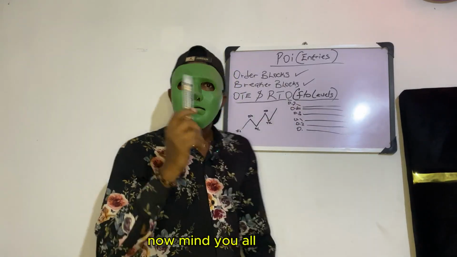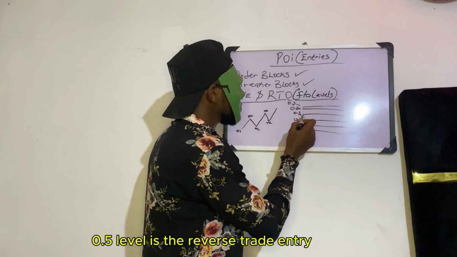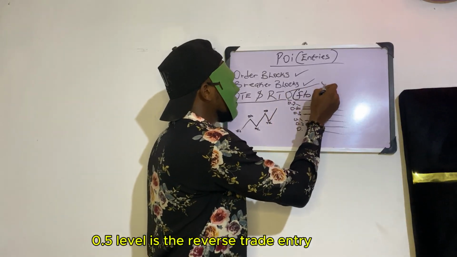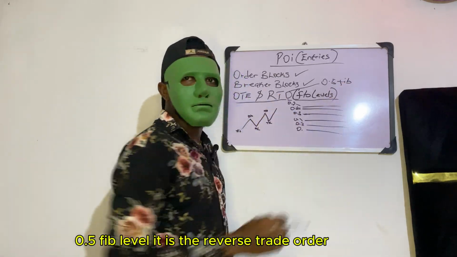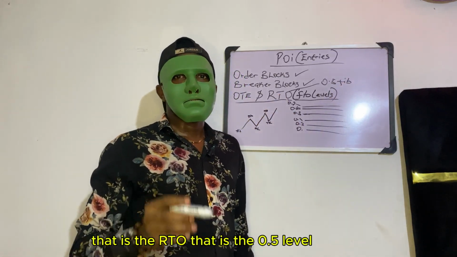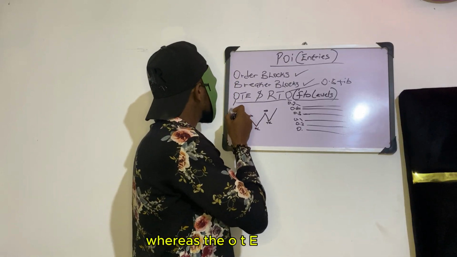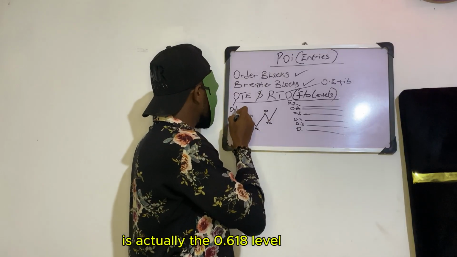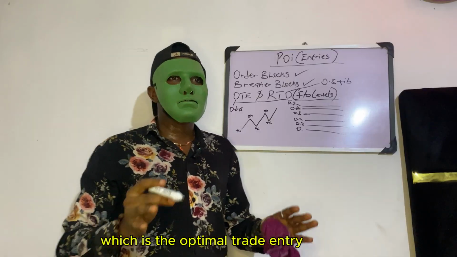Now, take it from me that the 0.5 Fib level is the reverse trade order. That is the ROTO. Whereas the OTE, the optimal trade entry, is the 0.618 level.